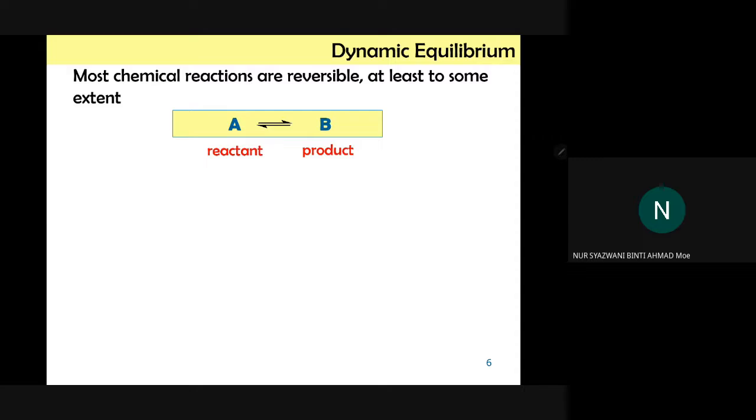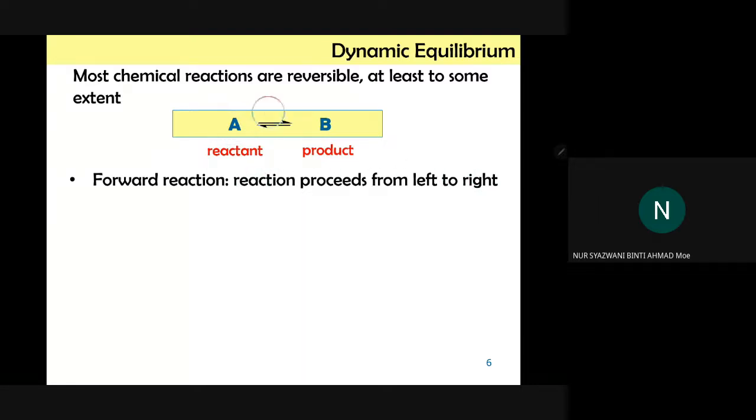Okay. So kita ada istilah di sini, kita ada forward reaction di mana reaction proceeds from left to right. So kita panggil daripada reactant jadi produk, kita panggil sebagai forward reaction. So untuk anak panah yang atas ni, kita panggil forward reaction.